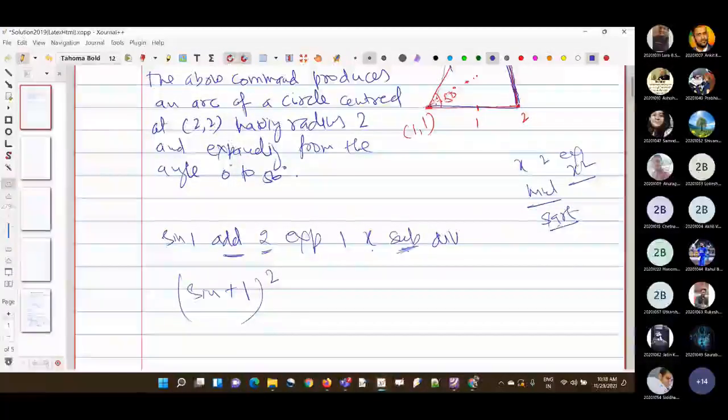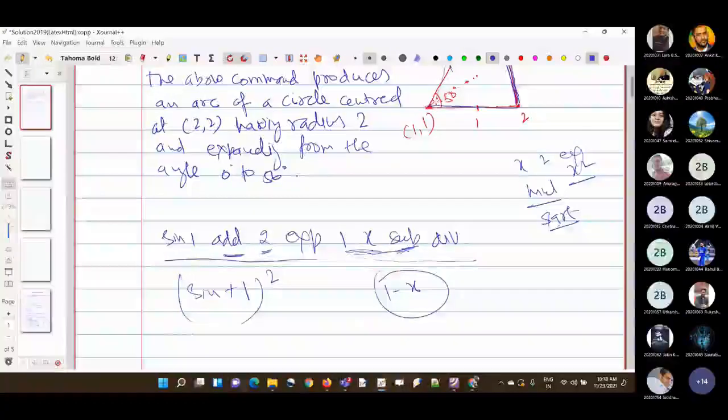Sub means they want 1 minus x, subtract x from 1. Then div for division. So from here to here is one set, and from here to here another set. The subtraction will be applicable on it, and then we divide. So we are going to write 1 minus x.